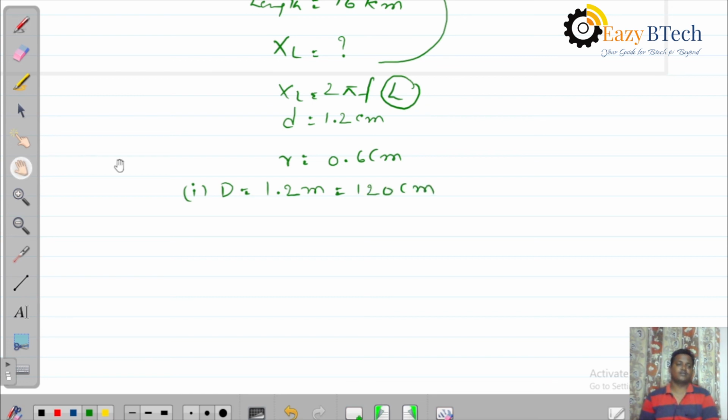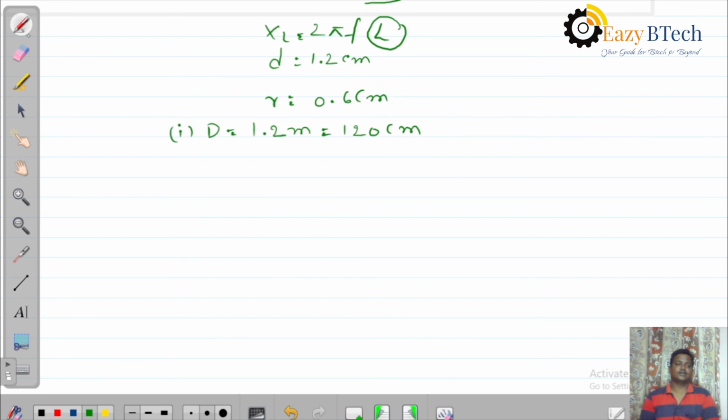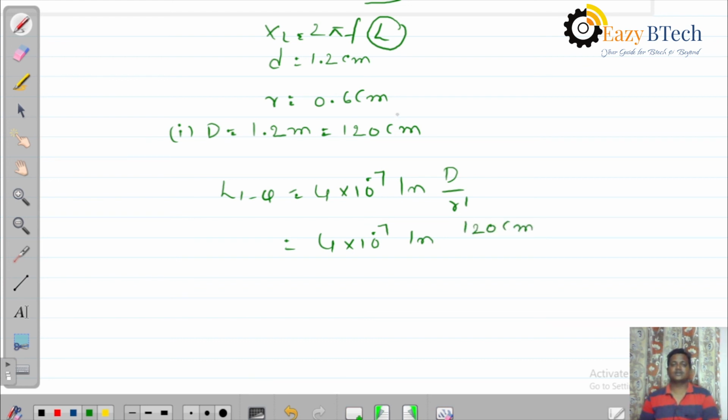Now what is the formula for inductance of a single phase system? Inductance for single phase system is 4 into 10 power minus 7 ln d by r dash. Substitute d and r dash values: ln d equals 120 centimeters, where r dash equals 0.7788 into 0.6.